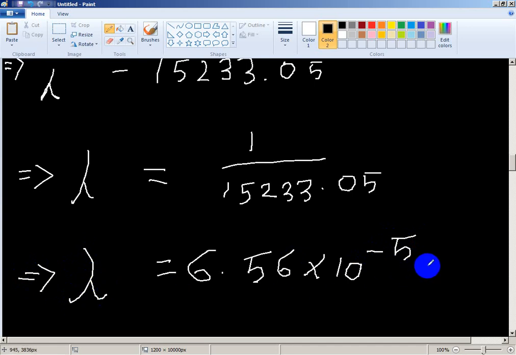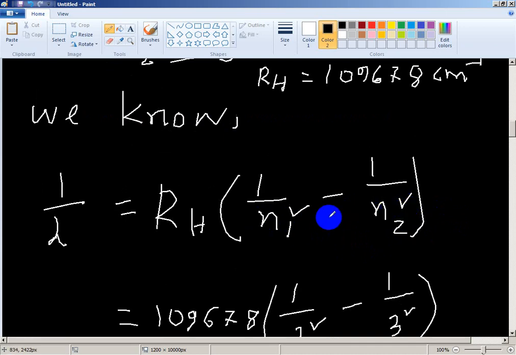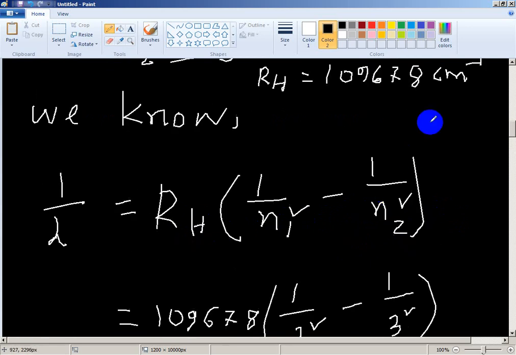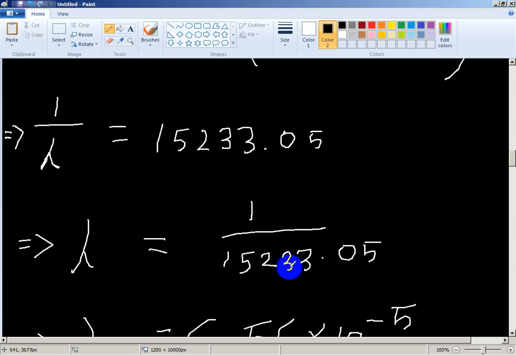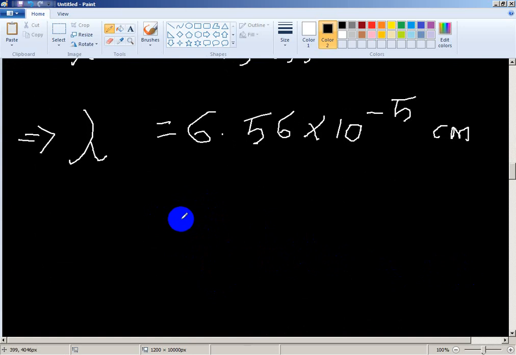The Rydberg constant has a unit, inverse centimeter, but here the inverse centimeter becomes centimeter. So the unit is centimeter.